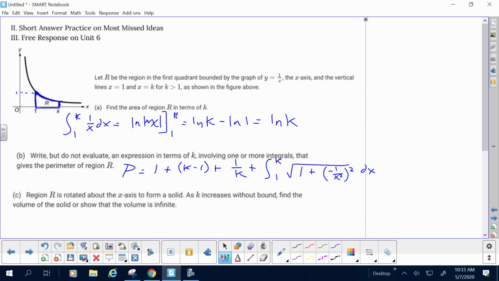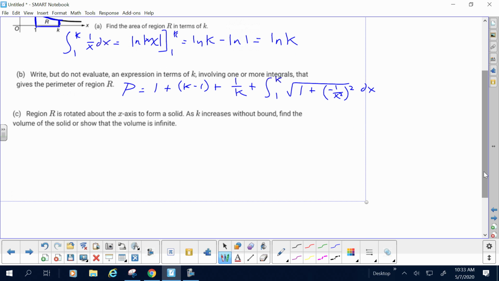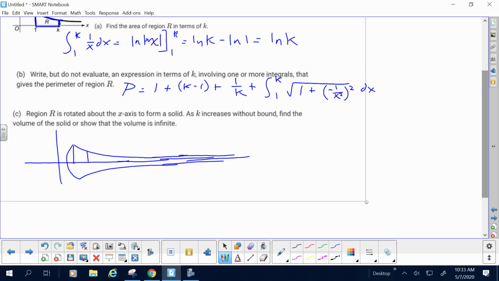And then finally, my answer to the last one is it did converge, and it was finite, and the volume is pi. This was the idea. If I take this region and let k grow without bound and revolve it around the x-axis, then you get this forever-moving-on kind of thing, and disk is the way to go.